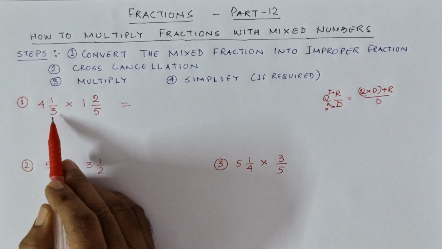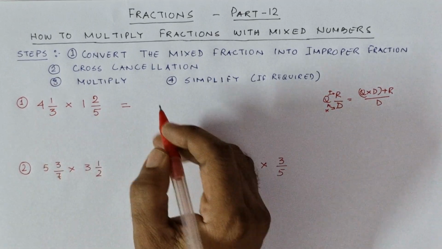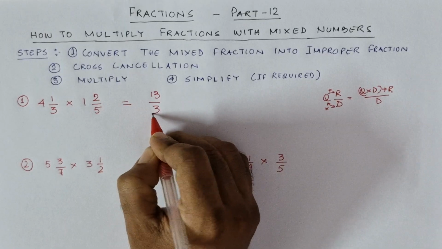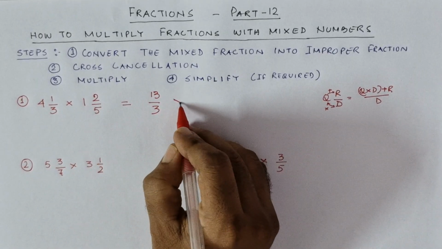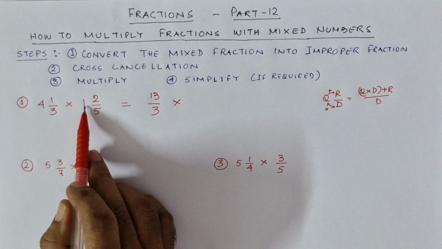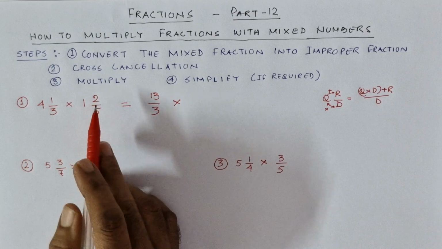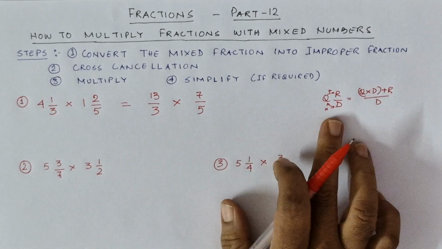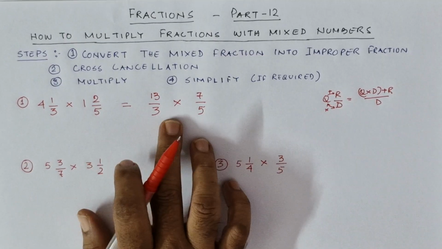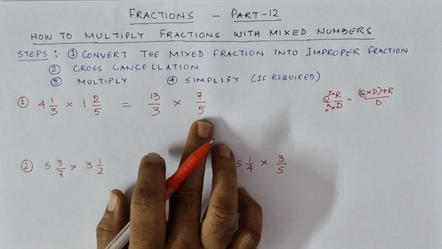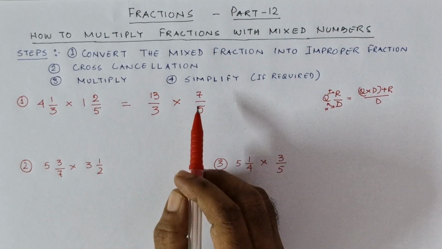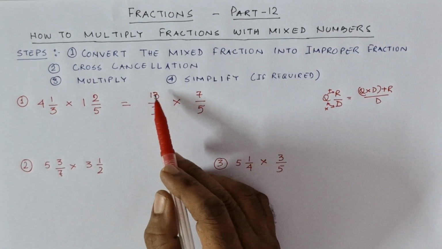So 4 multiplied by 3 is 12 plus 1 is 13 by 3, multiplied by, see, 5 multiplied by 1 is 5 plus 2 is 7 divided by 5. Got it? So we have expressed it in such a way. So this has been converted into improper fractions. Now, is there any scope of cross cancellation?